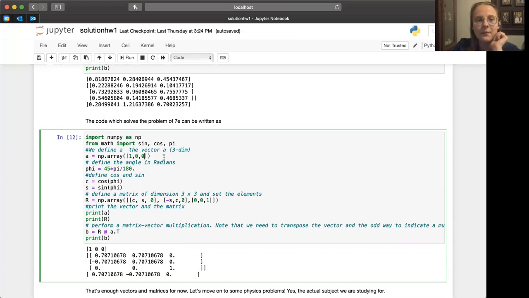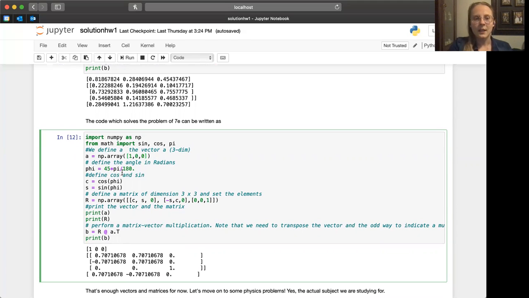So that's pretty easy. So now moving on to the rotation matrix. First, to define the angle. So if you're going to use the built-in sine cosine functions either in the math library, which is what the solution uses, or in the NumPy library, they expect the input to be in radians.